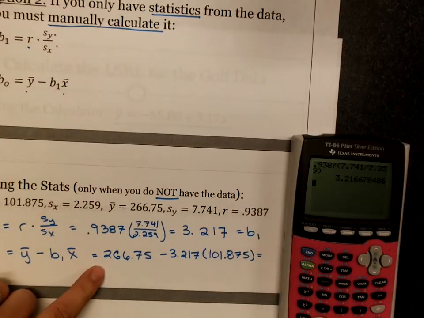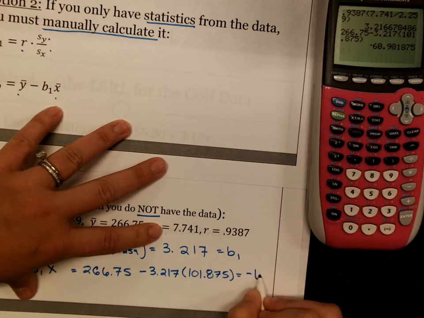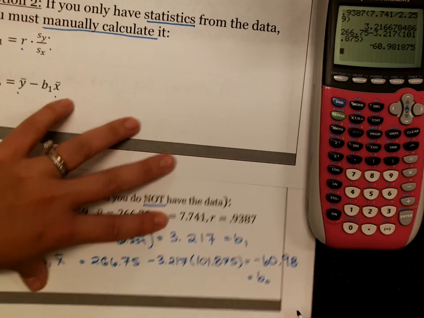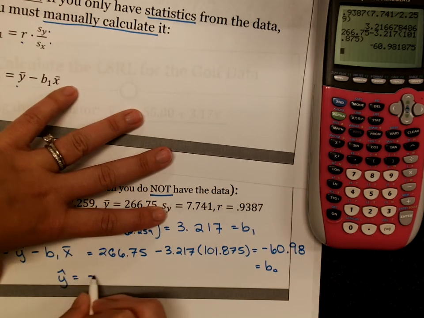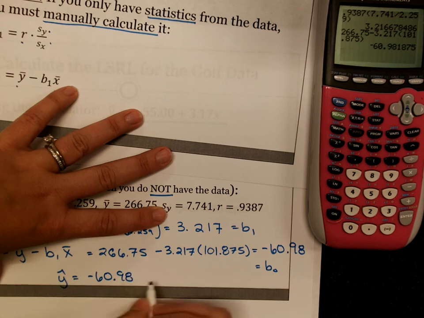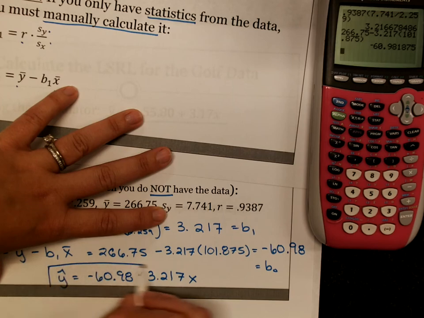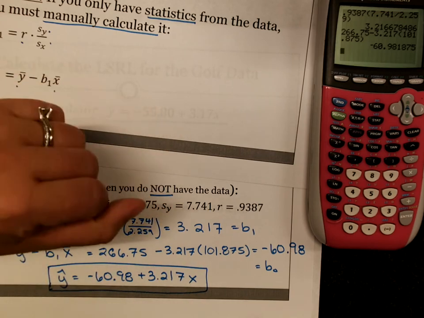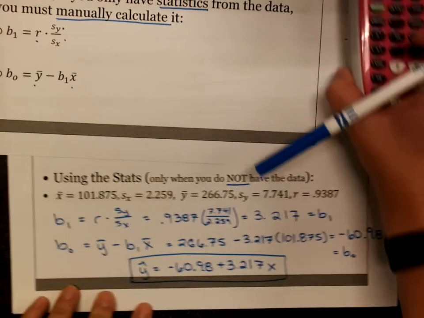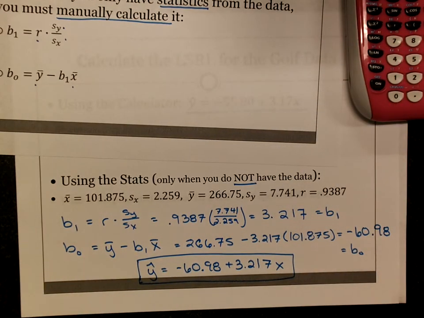So I'm just going to type that in, 266.75 minus 3.217 times 101.875, and it should give you negative 60.98, which again is going to be a little bit off. So you would get y hat equals negative 60.98 plus 3.217x. I know that's kind of a pain. Most of the time you won't have to run through all of that. Most of the time you'll just be able to do stat calc option 8 and be done. But there it is if you have to work it out by hand.